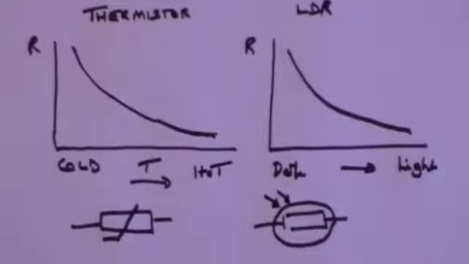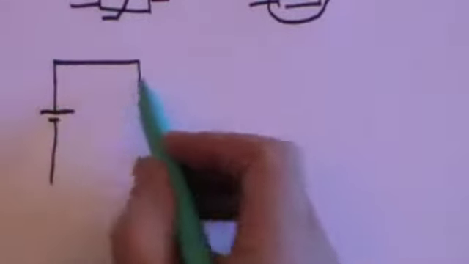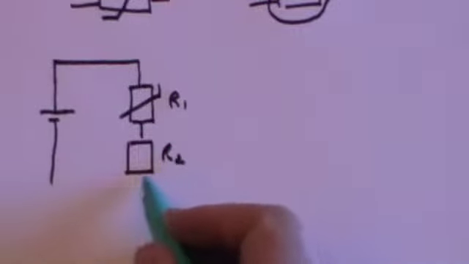What I'm going to do is put a thermistor in the potential divider circuit, but in this case I'm going to make that R1. So here's my battery. Here is my thermistor, and that's R1. And then here is an ordinary resistance, R2.